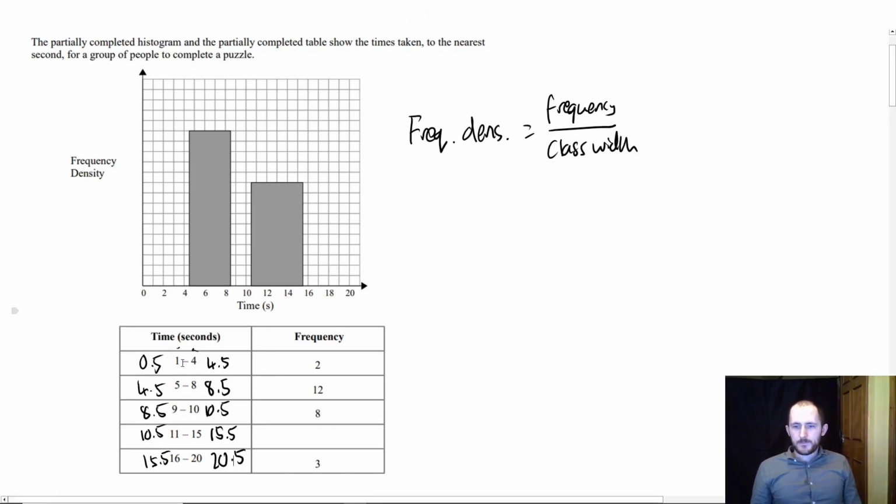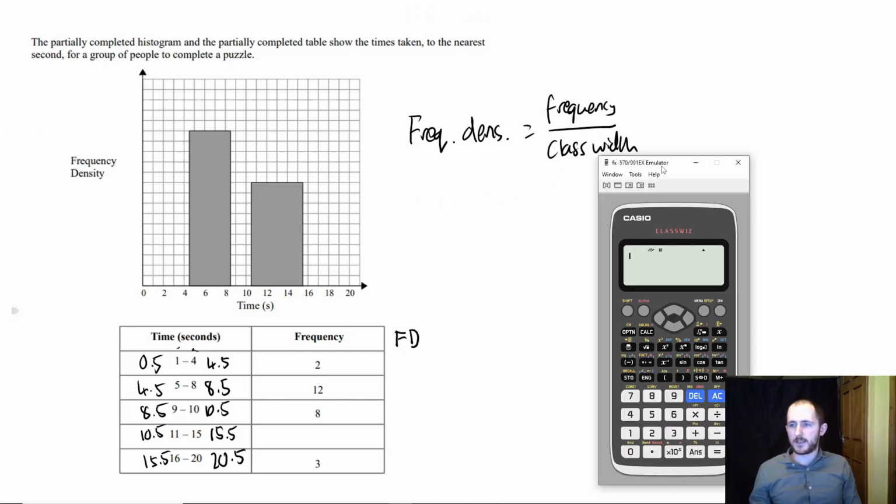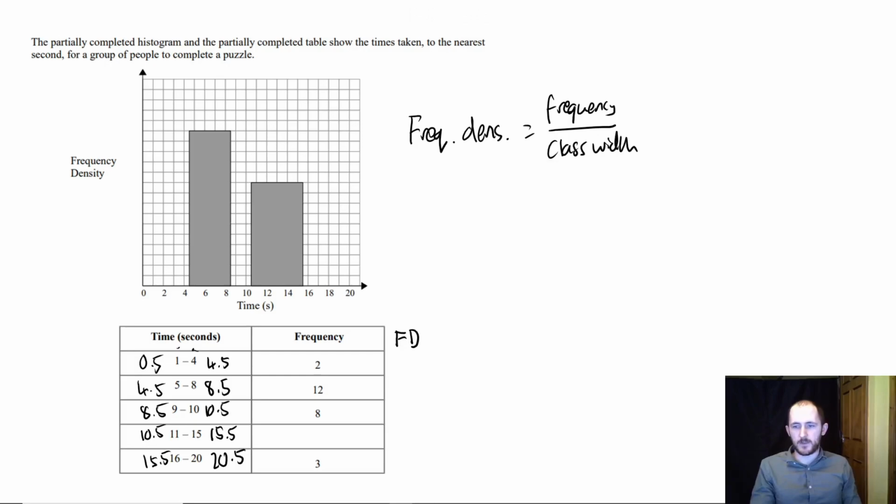The first thing you need to do in any histogram is work out the frequency density, and again that's just the frequency divided by the class width. So if I get the calculator up, for the first row it's going to be 2 over 4.5 minus 0.5, which is just a half. We're going to write it in terms of decimals though, because fractions don't particularly help us.